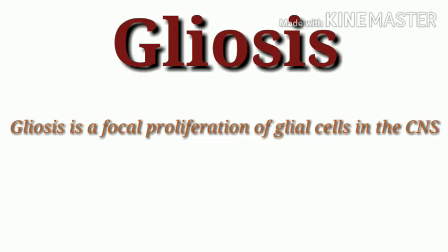It causes hypertrophy and proliferation of the glial cells, so there will be formation of scar tissue. That scar tissue we call plaques. These plaques can be seen anywhere in our brain. This scar tissue can be seen in MRI. The clinical features of multiple sclerosis depend on where this scar tissue formation occurs in the brain.